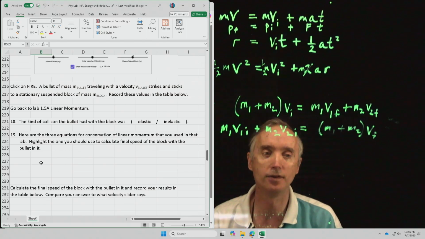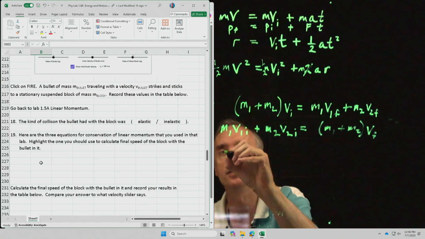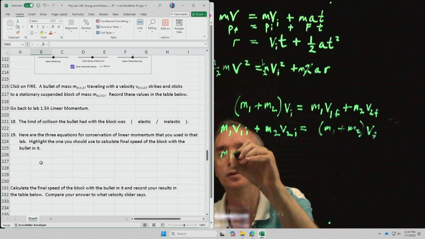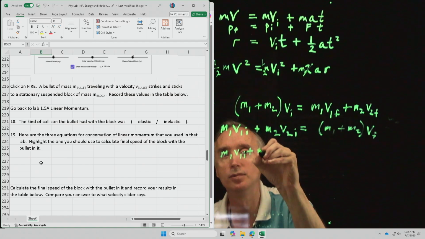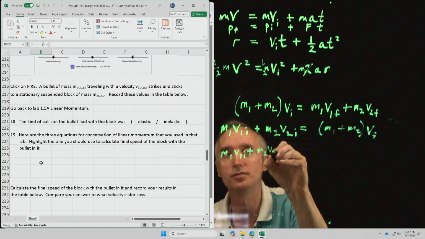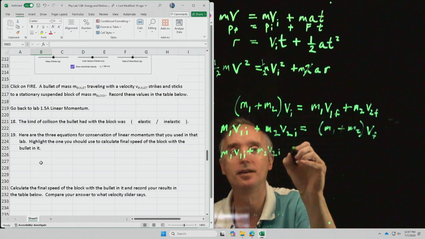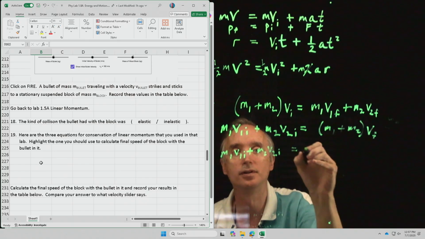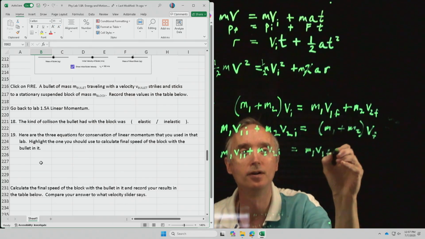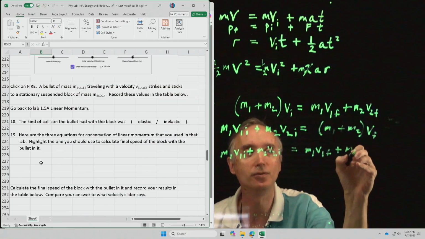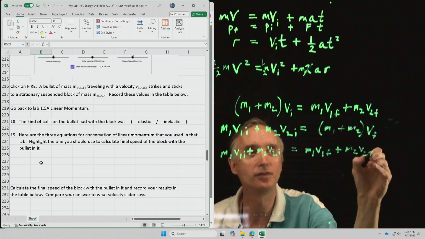Then you had another one, which was the most complicated: m1 v1 initial plus m2 v2 initial equals m1 v1 final plus m2 v2 final.